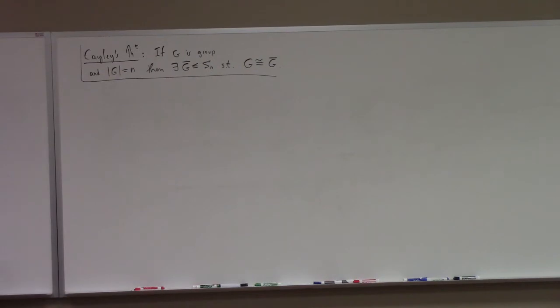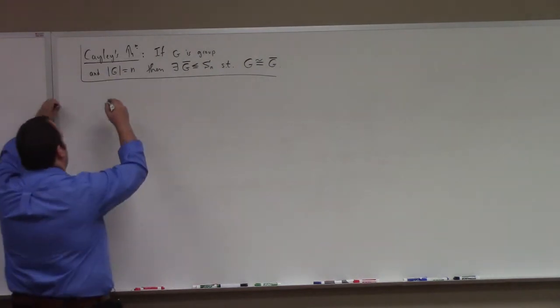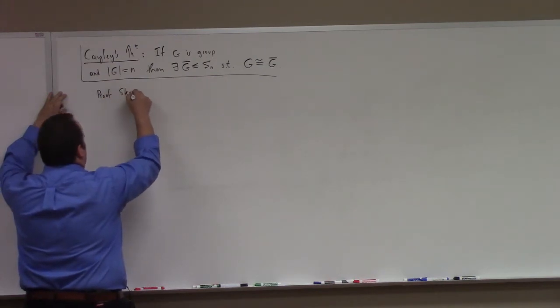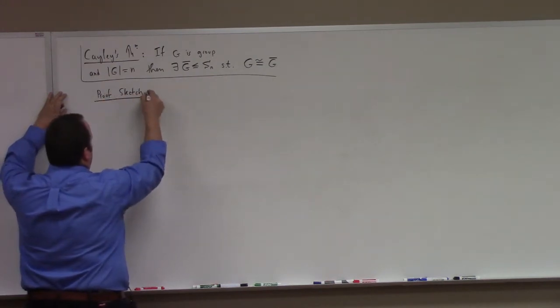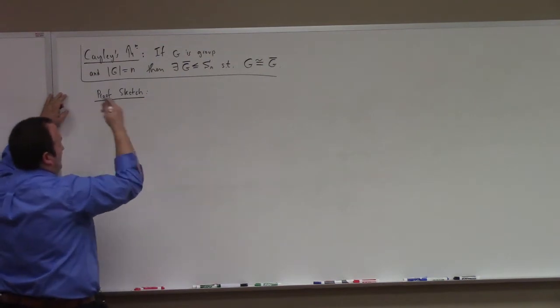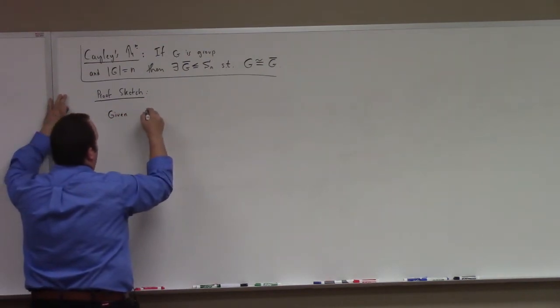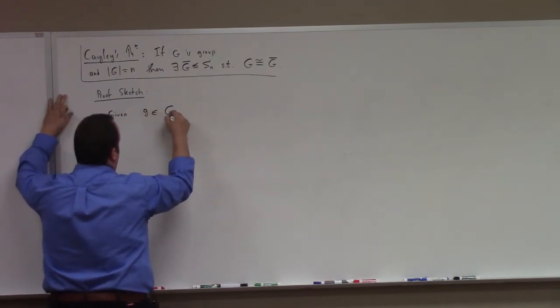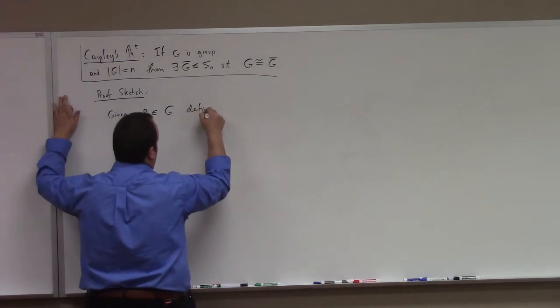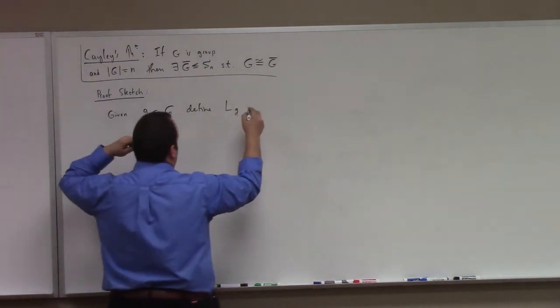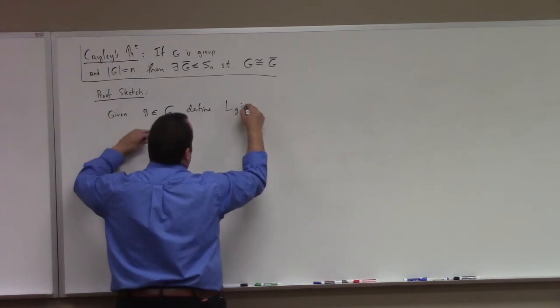See, because the proof of this was what? A proof sketch, let me remind you, because the proof sketch actually will explain why I do what I do in the examples I'm about to show you. The proof sketch was essentially this. Given a group G, you can define L sub G from G to G how?